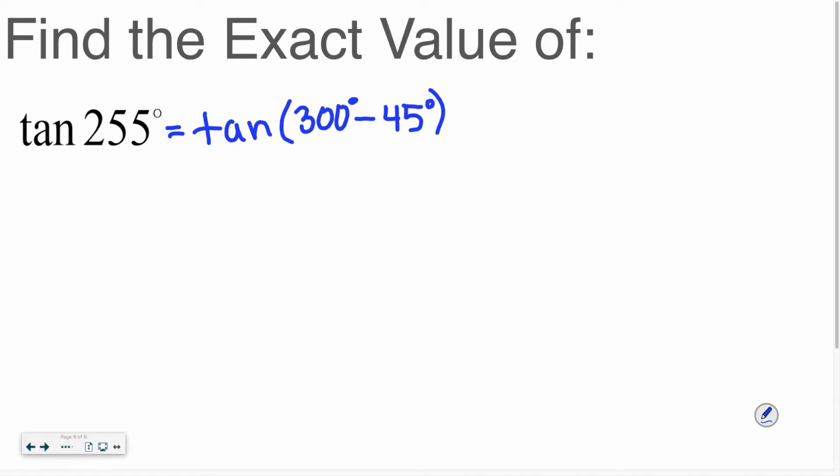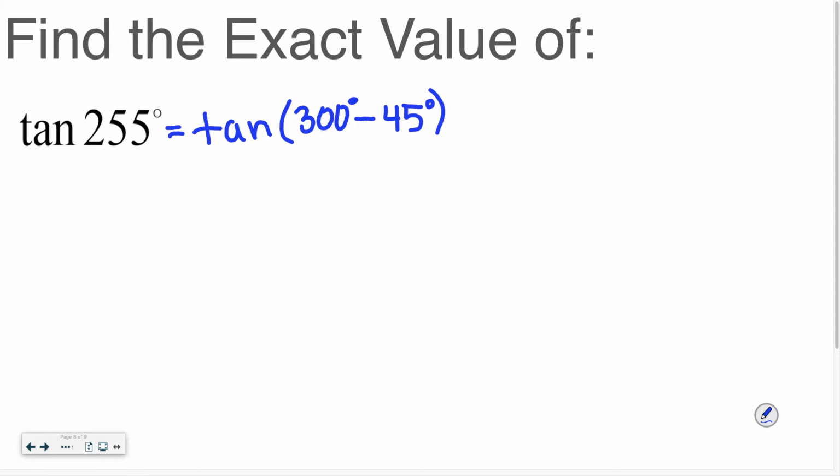I will give you a suggestion when you're doing these problems. Try to avoid any of the pi over 6 or 30-degree reference angle values when you're doing the tangent problems, because the tangent of pi over 6 is radical 3 over 3, and it gets a little bit messier. So if you can avoid it, I would suggest trying to go for a 60-degree reference angle.